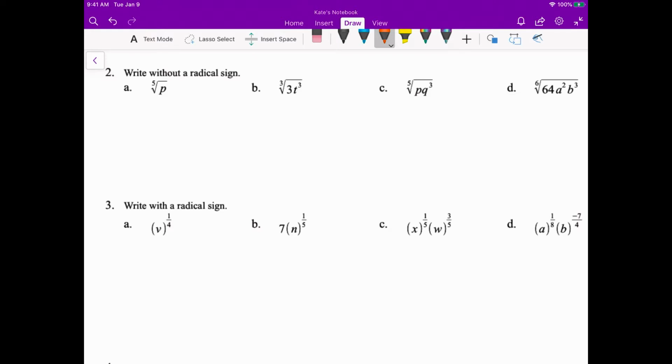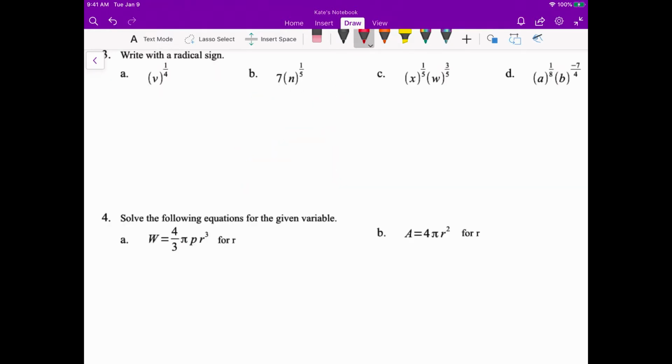So this is going to be 3 to the 1/3 times t to the third to the 1/3. 3 to the 1/3 I cannot simplify, so that stays as 3 to the 1/3 times t to the third to the 1/3. When we have an exponent and we're raising that to an exponent, we multiply, and 3 times 1/3 is just 1. So it would just be 3 to the 1/3 times t, and that would be our final answer.